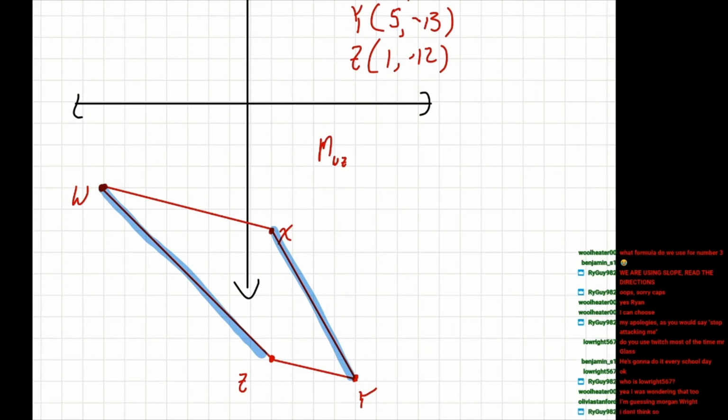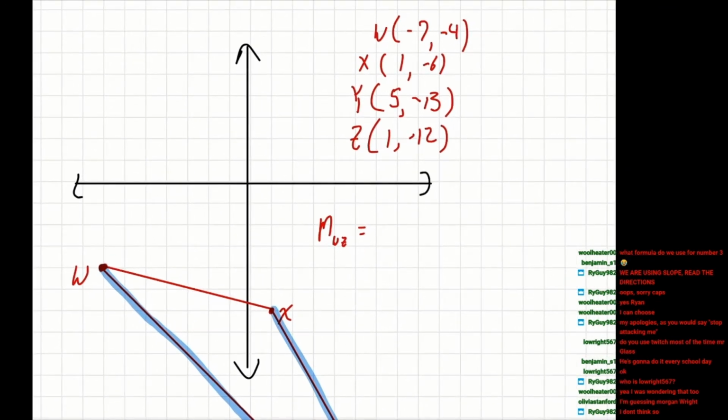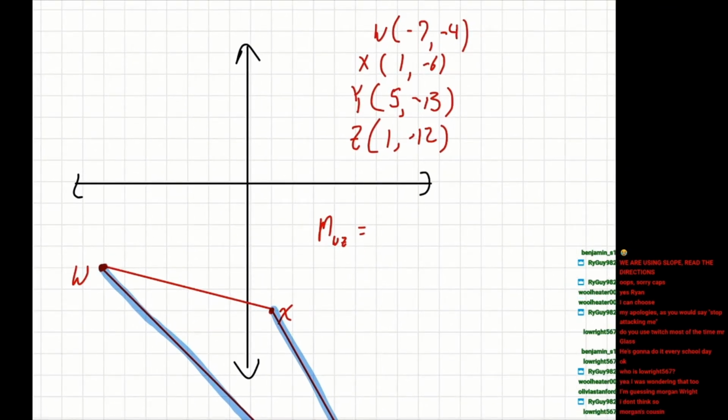I'm going to set that equal to change in Y over change in X. So WZ. So I'm going to highlight them. W, Z, -12 minus -4 over 1 minus negative 7.